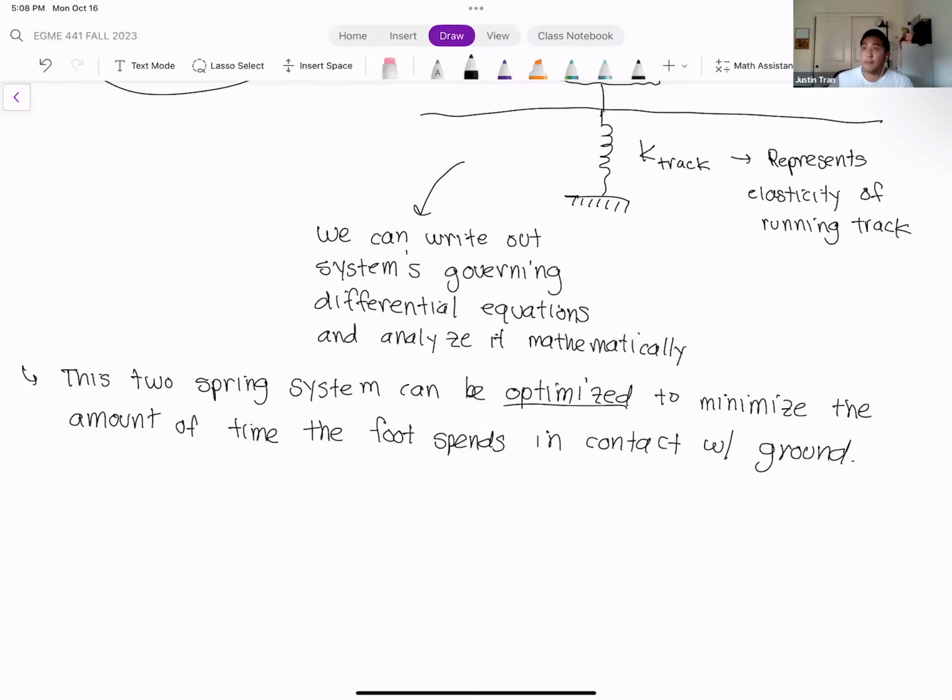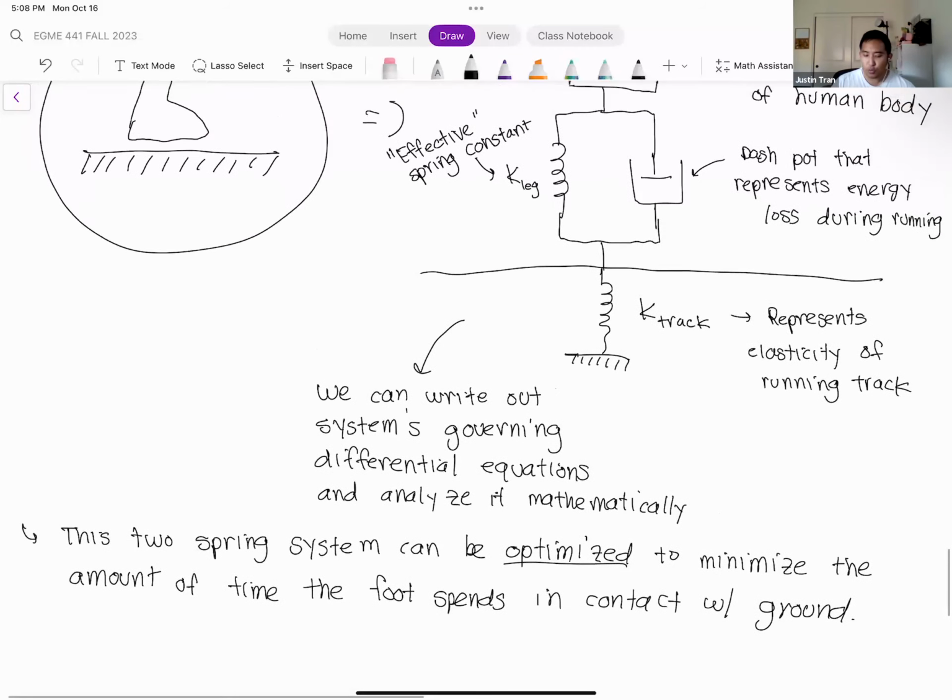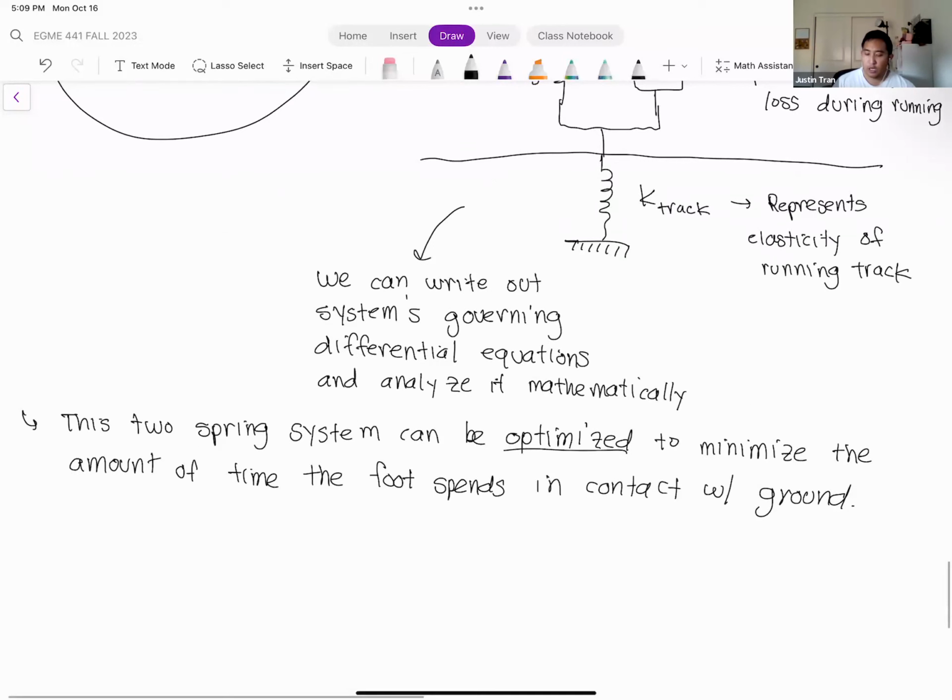You can go through that mathematical procedure and run an optimization algorithm or framework. If traditional wisdom held, because remember, traditional wisdom says that if you make the track as hard and stiff as possible, then we should see that if we maximize K track, if the spring constant of the track is set to infinity, ideally that should minimize contact time.